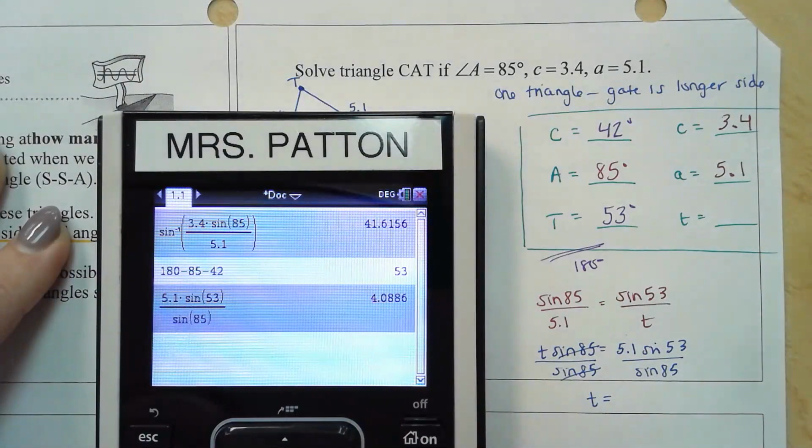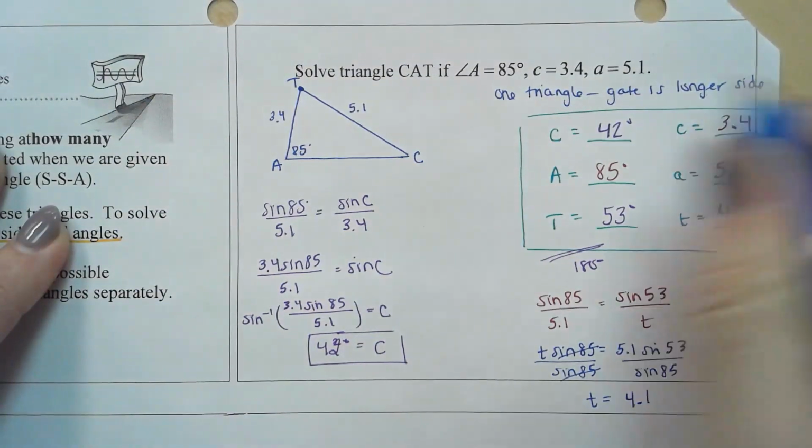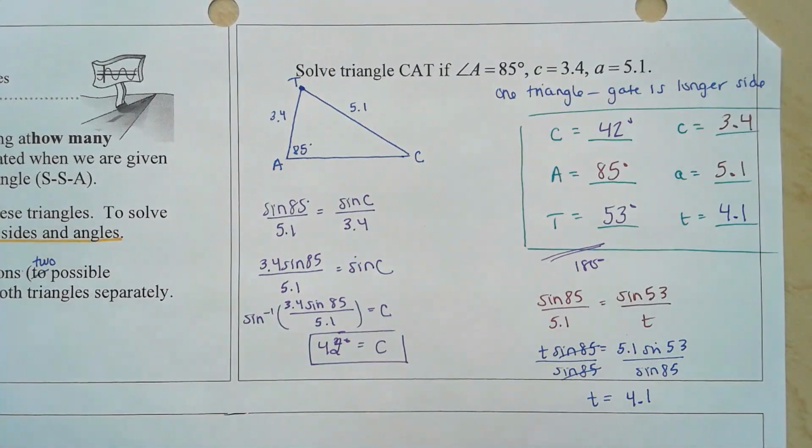This is a side length. The side lengths they gave us are to the nearest tenth, so let's round our value to the nearest tenth. So lowercase t is approximately 4.1, and I'll just go ahead and fill that in up here. So again, when we solve a triangle, we're finding all of the missing pieces. They gave me an angle and two sides, which means I need to find two angles and one side.